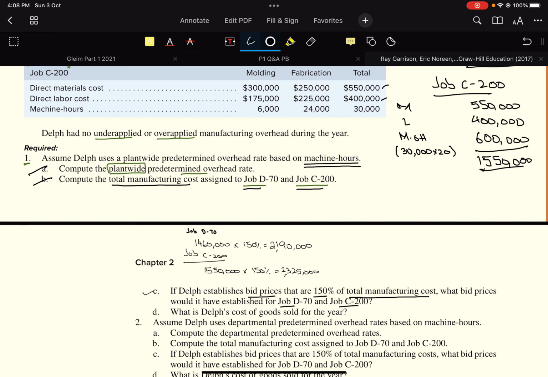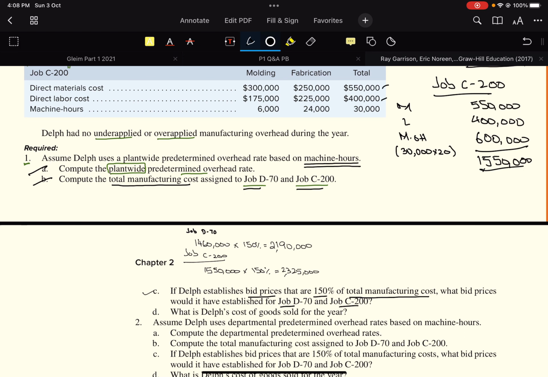Okay, for part D, what is Delft's cost of goods sold for the year? Cost of goods sold is whatever you have sold during the year, what was the cost to you?